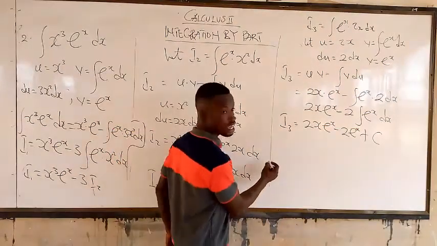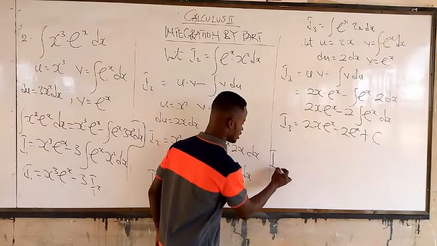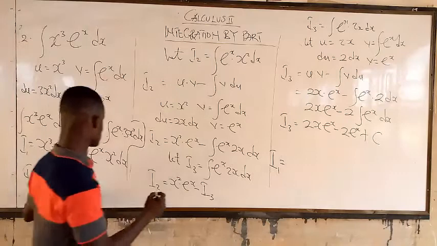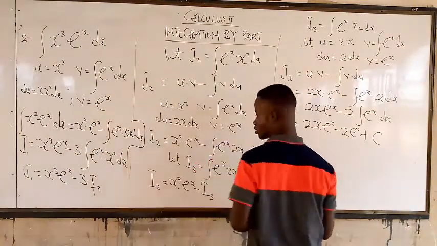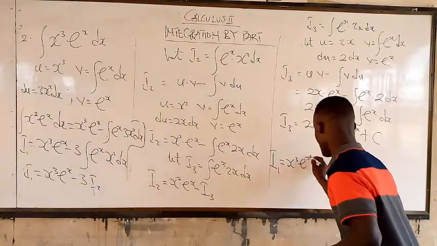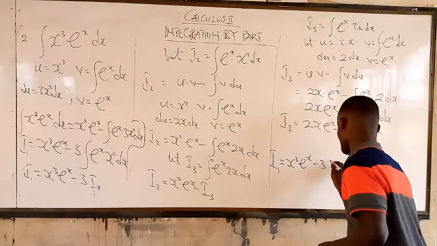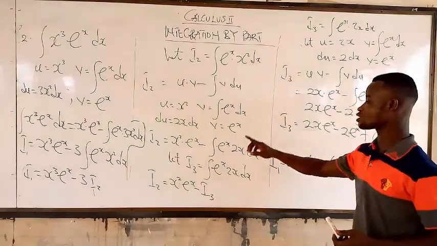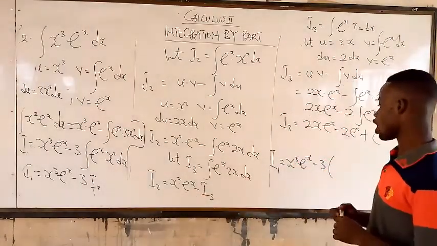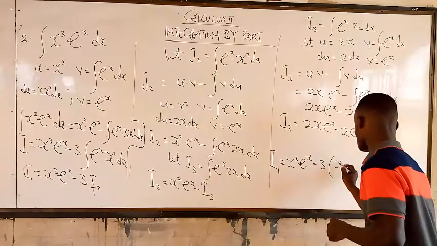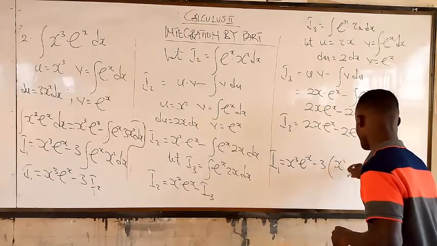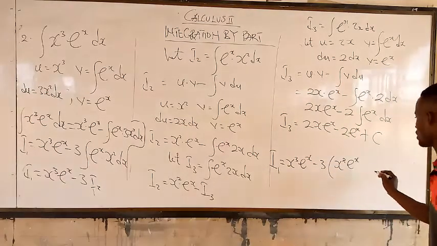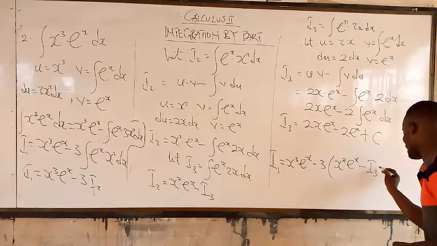Alright, so here, let's move on. So I1 is equal to, now watch, s to the power 3 e raised to the power s minus 3 multiplying I2. So you come back and look for I2, and this is I2. I hope you can see that. So I2 is s to the power 2 e raised to the power s minus I3.